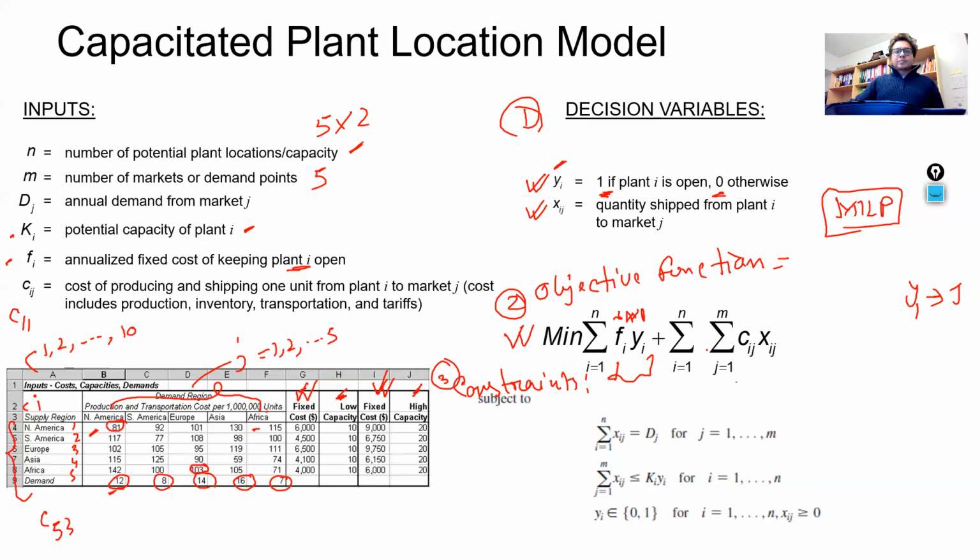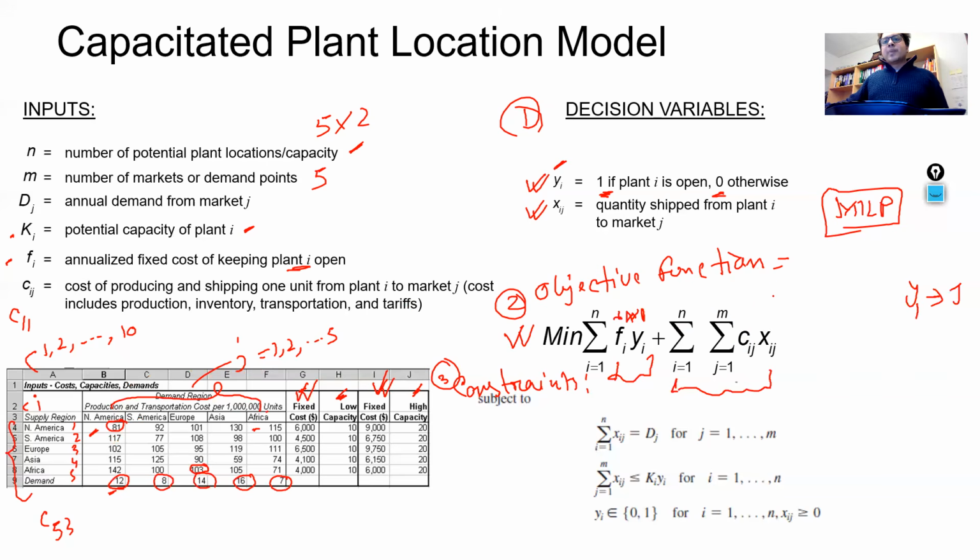This part here gives us the cost of producing and delivering from the supply locations to the demand locations. So we will take the sum of all the costs multiplied with the corresponding volume that will be transported from each supply location to the demand locations.